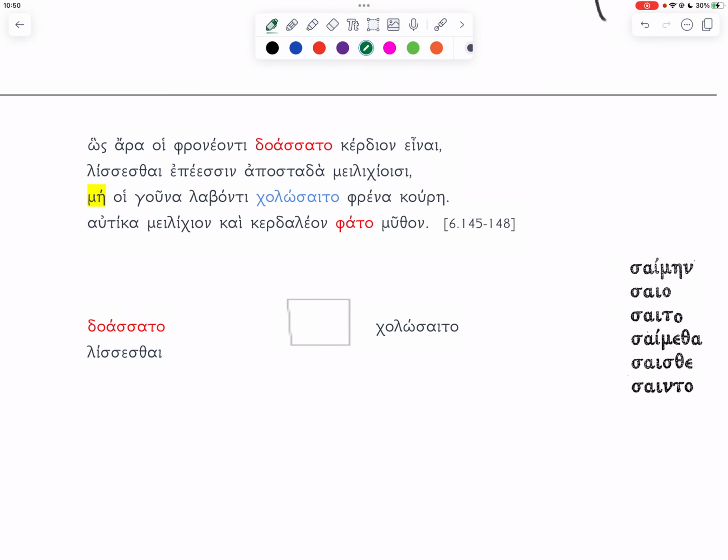So what's he up to now? It seemed, and there's our verb, it seemed enai, and that's an infinitive, it seemed to be kerdion, it seemed to be better.